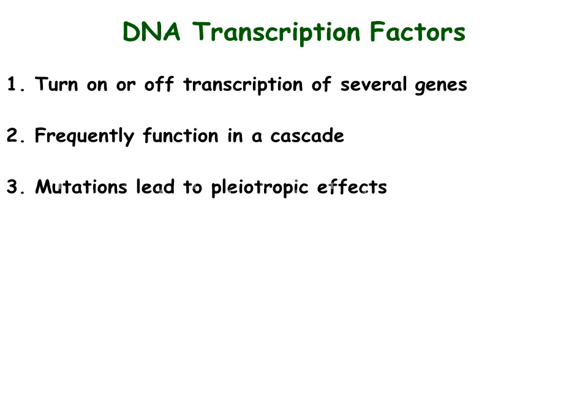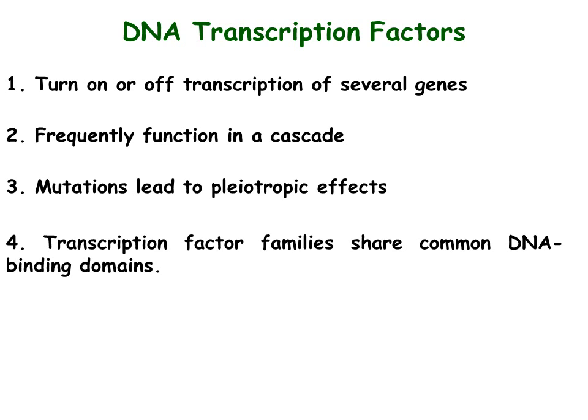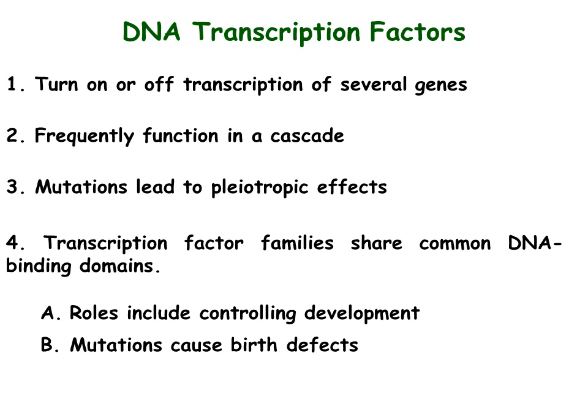They frequently function in a cascade, so mutations in DNA transcription factors, because they can bind to many different promoters and many different genes, will have pleiotropic effects, lots of effects. And of course, they all have to be able to bind to DNA. So they all have a portion of the protein that binds to DNA, which is known as a DNA binding domain. Anyway, the roles of these are controlling development, and mutations cause some real serious birth defects.